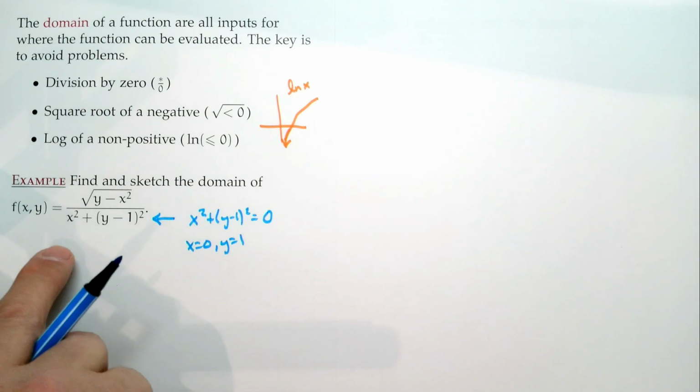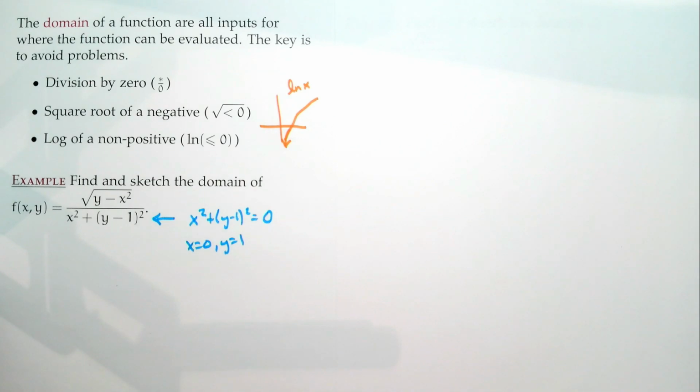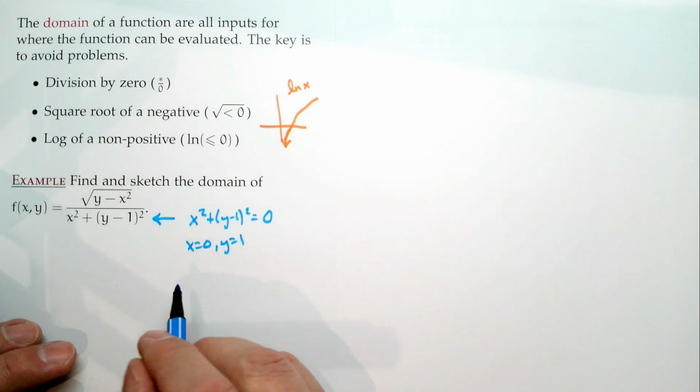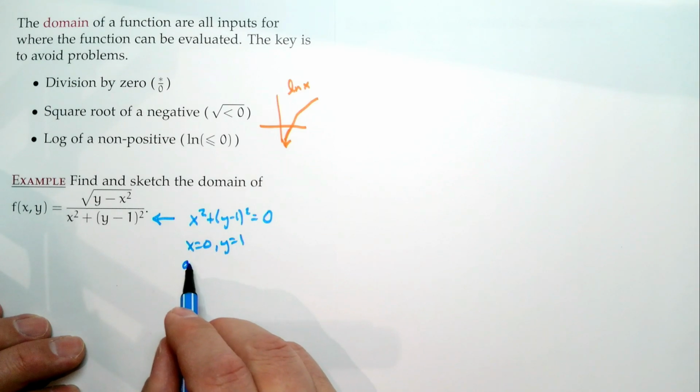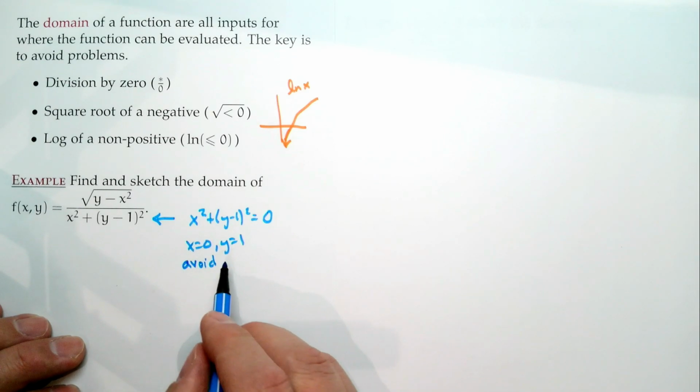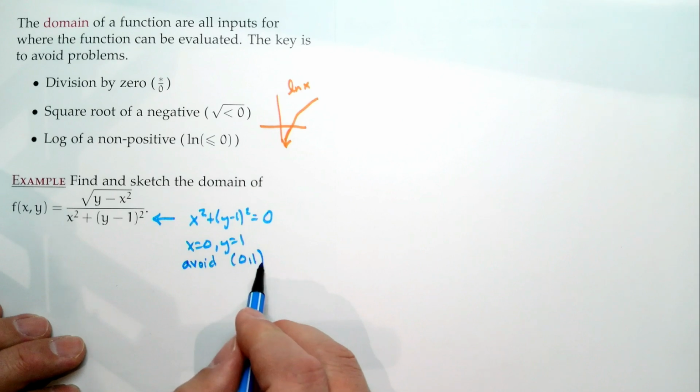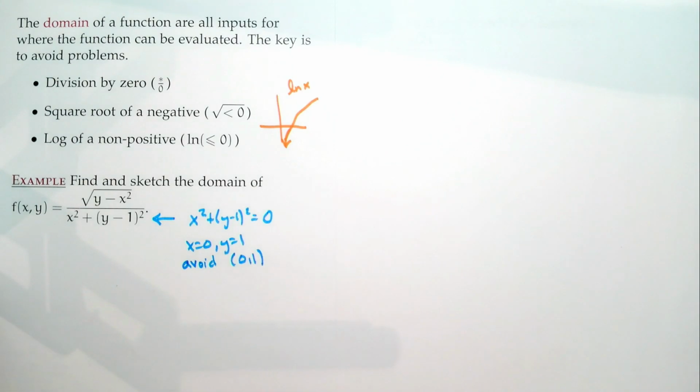Because the total downstairs has to be 0. So is it just a single point? Well, for the denominator, the answer is yes. For the function as a whole, the answer is, well, to be determined. So, okay, we have to avoid that point 0, 1.